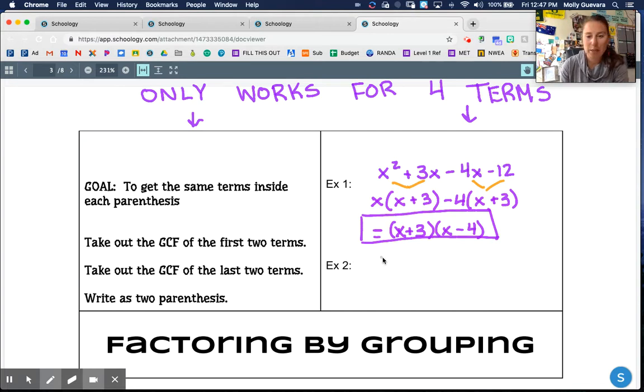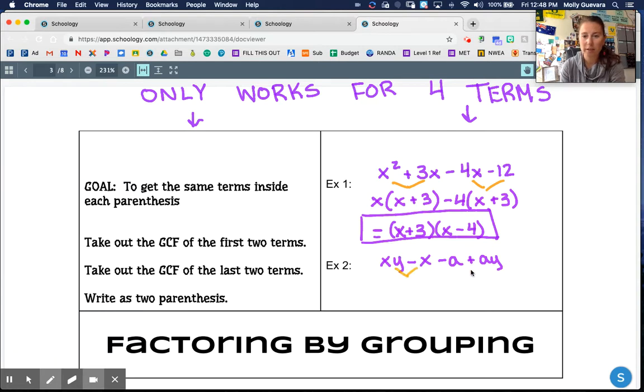Let's look at example 2 here, which is xy minus x minus a plus ay. So here I don't have numbers, but that's okay. It's still 4 terms.